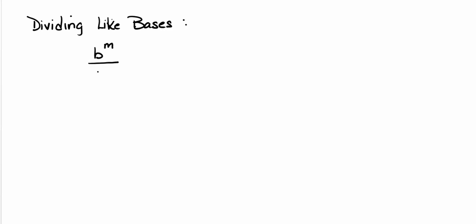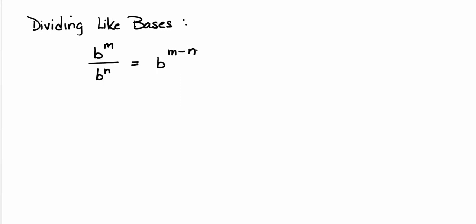So now if we want to divide like bases, we're going to be subtracting the exponents. So dividing like bases, if I have b to the m divided by b to the n, I'm going to take my exponents and subtract them. I take the exponent in the numerator minus the exponent in the denominator.